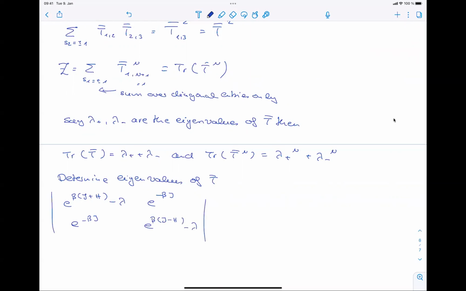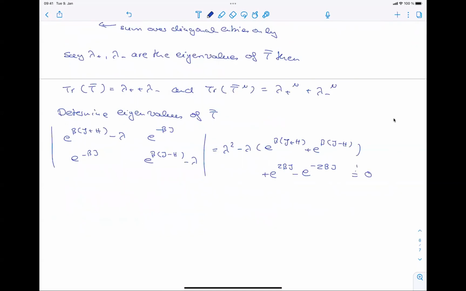Taking the determinant, we arrive at lambda squared minus lambda times e to the beta J plus h plus e to the beta J minus h, and the linear terms are then plus e to the 2 beta J minus e to the minus 2 beta J. And so this needs to be 0.